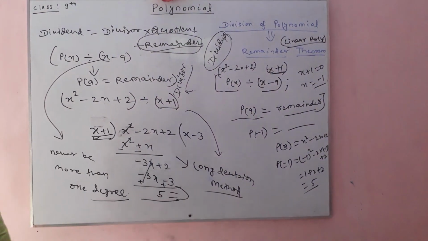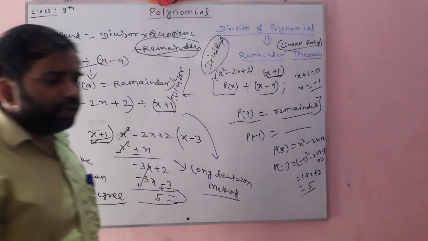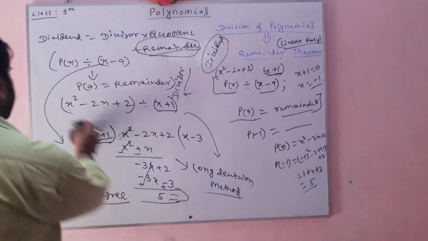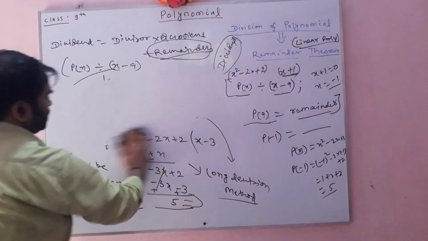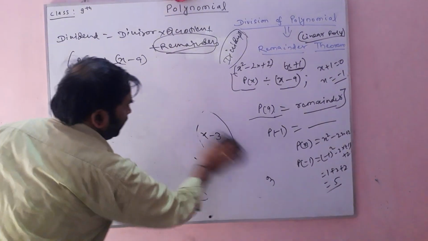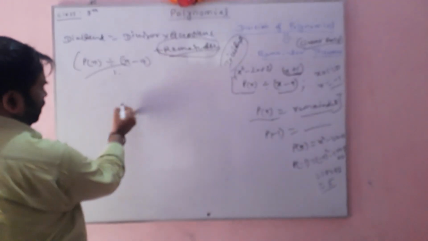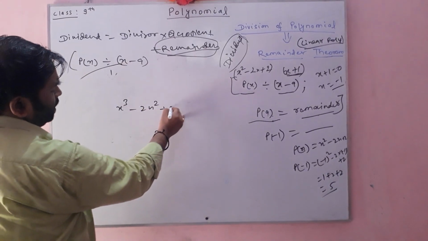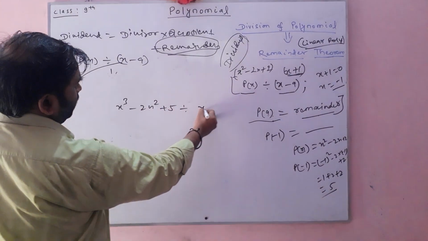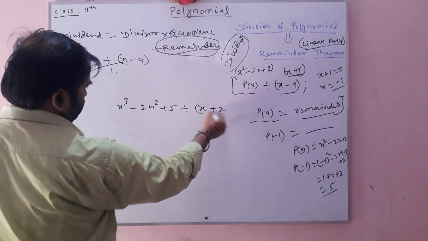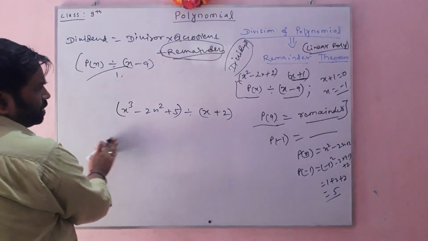Now let's see one more question. Suppose I have to divide x cube minus 2x square plus 5 by x plus 2.